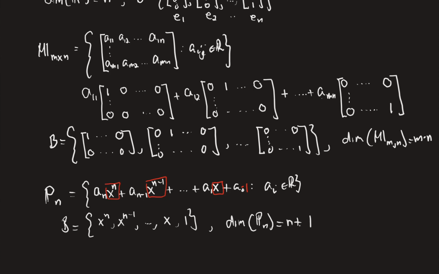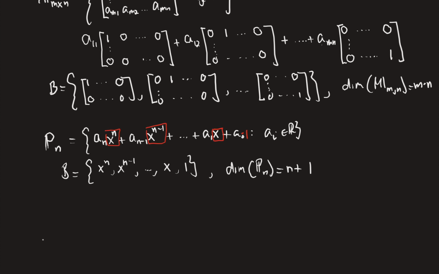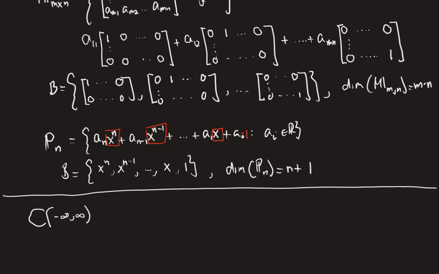All right. Okay, so the last one I'm going to mention, the C, and I'll just take C for continuous. Actually, let me not use the C with the line there. Let me just use C. And let's say continuous over the entire real line. Let me draw a demarcation line between these two things.